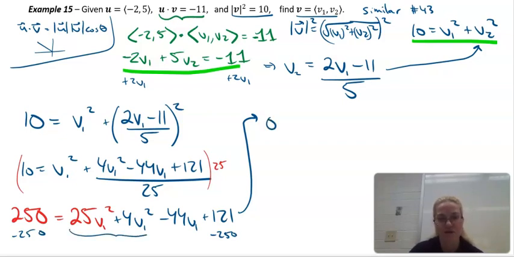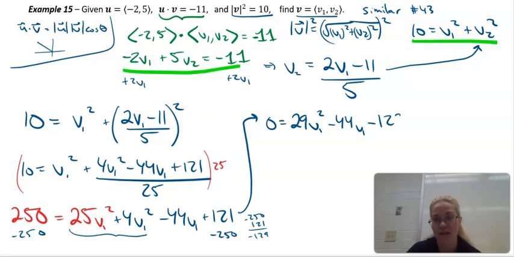So I'm going to have 0 is equal to 29 v1 squareds minus 44 v1s. And then, all right, 250 minus 121, that difference is going to be 129. So minus 129.